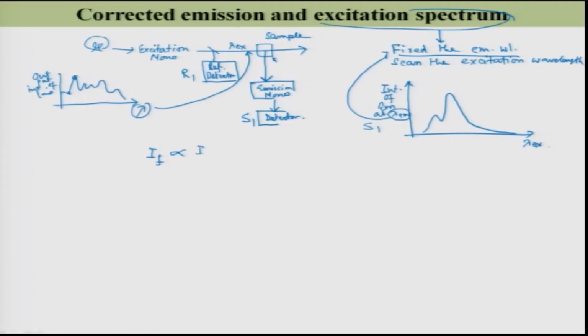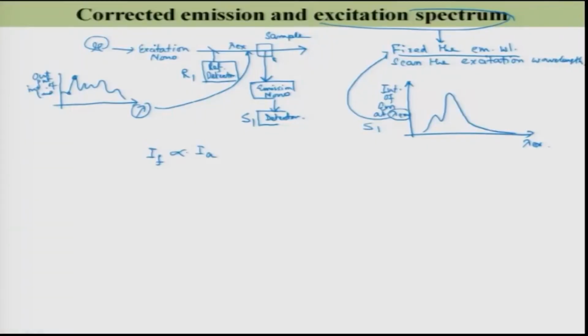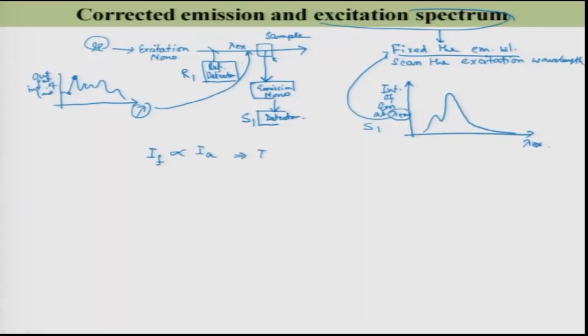So, IF is proportional to IA, and the proportionality constant is the quantum yield, the rate of radiative transition over the rate of absorption. If the quantum yield is 1, it is directly proportional, since whatever molecules you have excited come back to the ground state by emission of radiation. If it is not, then some other factor will come. So, simply IF is equal to phi f into IA.